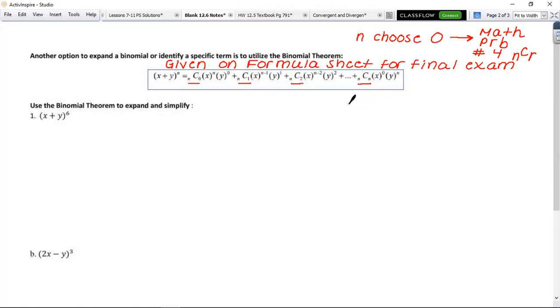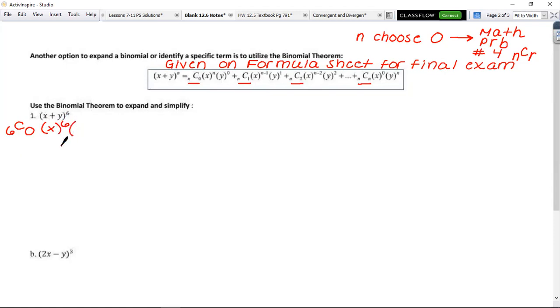So how this works is I take my exponent and I do 6 choose 0. So that's from my formula. It says n choose 0. And then what I do is this value of n always becomes your first exponent. So I take the x and I raise it to the 6th.